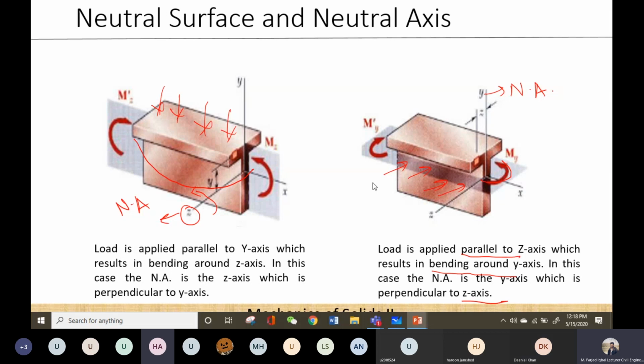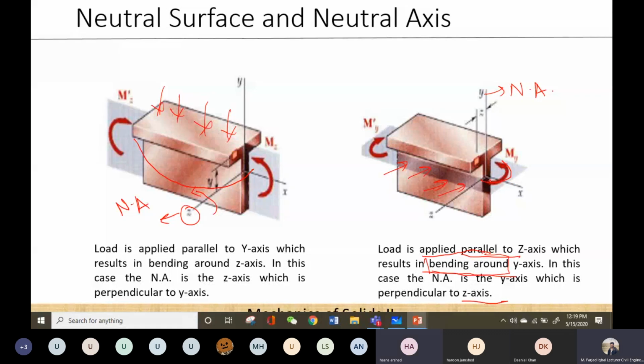Sir, in this case the x-axis and y-axis are both perpendicular. Yes, exactly. Actually, all three of these axes are perpendicular to each other. So now you have to look at around which axis bending is taking place. In this case, around which axis is bending taking place?